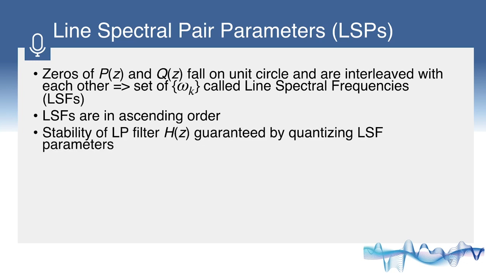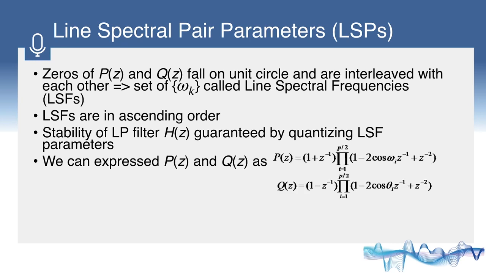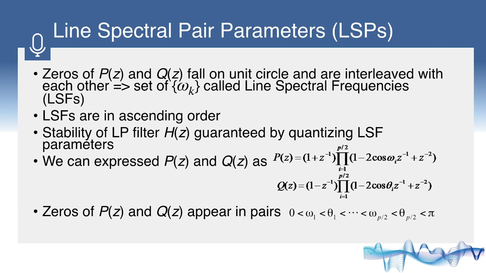Stability of the LP filter H(z) is guaranteed by quantizing LSF parameters. Zeros of P(z) and Q(z) appear in pairs and reflect the spectral characteristic of the signal. So they are called line spectral pair coefficients.